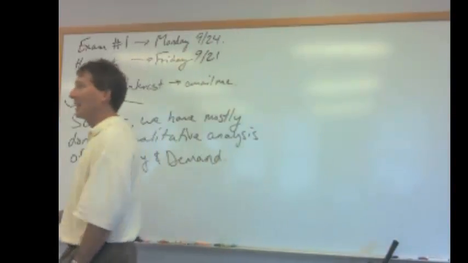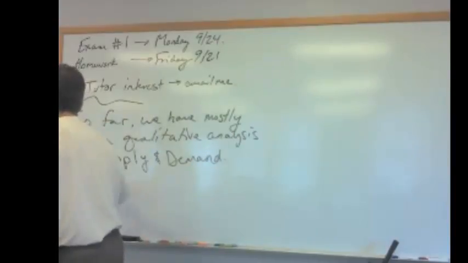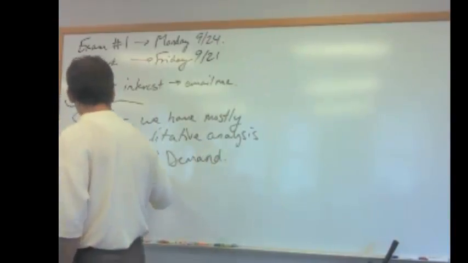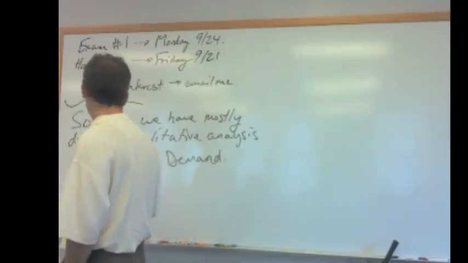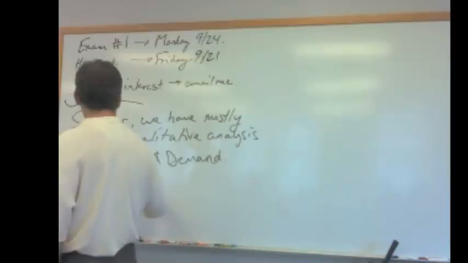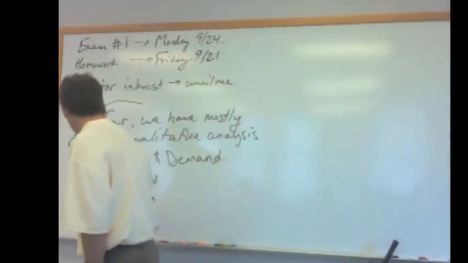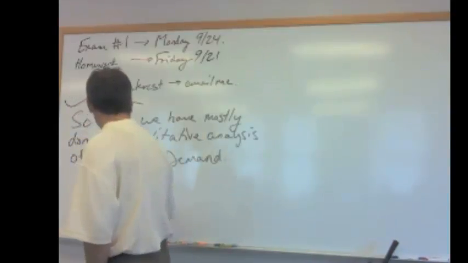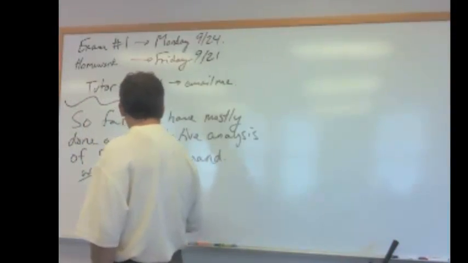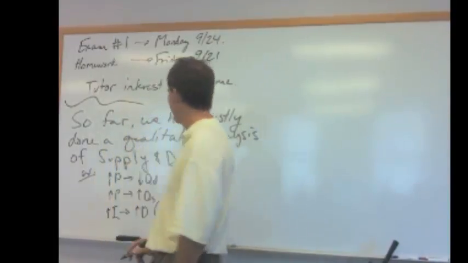I mean those little arrows that we've been working with. We increase price, it leads to a decrease in the quantity demanded. We increase price, it leads to an increase in the quantity supplied, ceteris paribus. We have an increase in income, it leads to an increase in demand for a normal good. Things that we have to know for the next test.